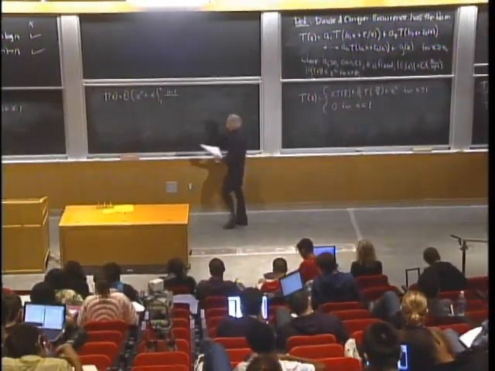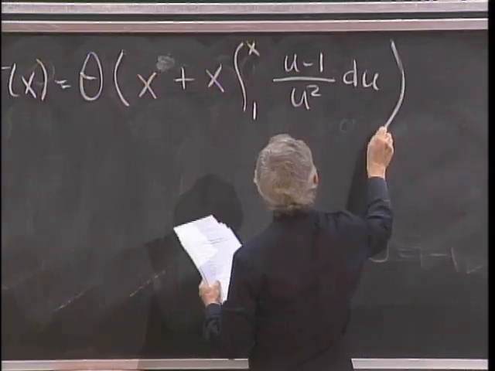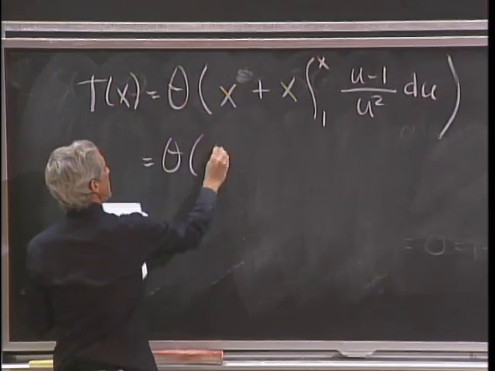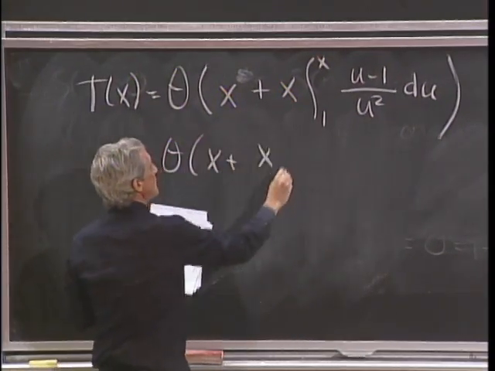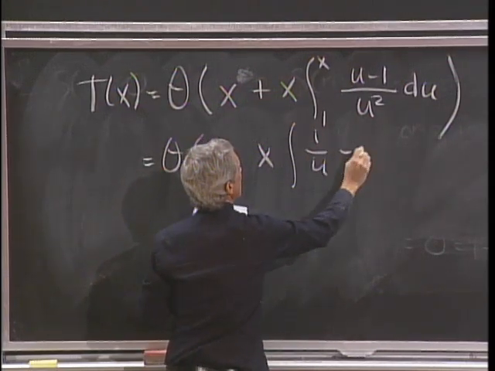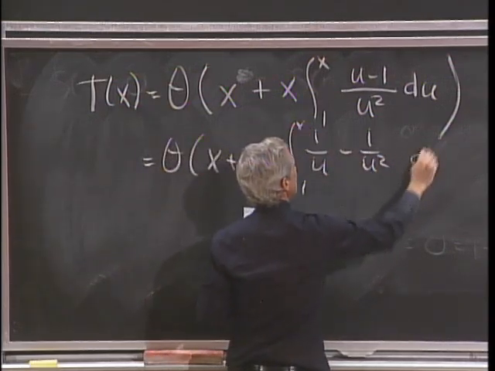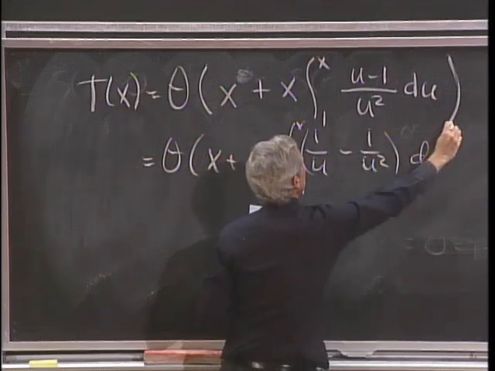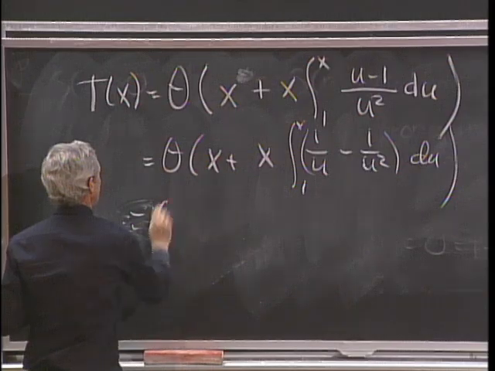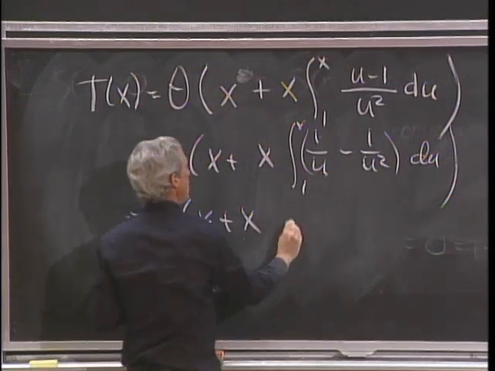All right, so u to the p plus 1 is u squared, du. This is theta of x plus x times the integral of 1 over u minus 1 over u squared. The integral of 1 over u is the log of u.